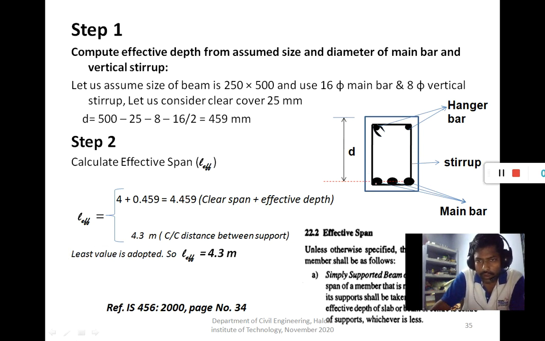How are the bars placed? Leaving the clear cover. This distance is called clear cover. The main bars are placed, and the stirrups are used around the main bar.